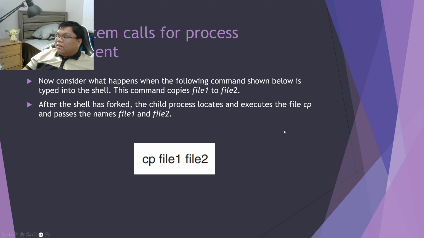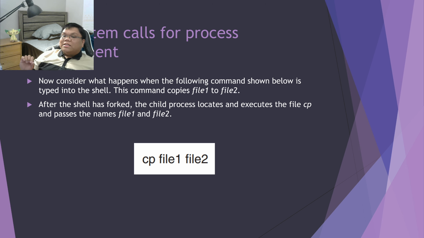So let's imagine we type in a command into our shell. That command is cp file1 file2. So this is going to copy the contents of file1 to file2. So we type that into our shell. The shell is going to fork.